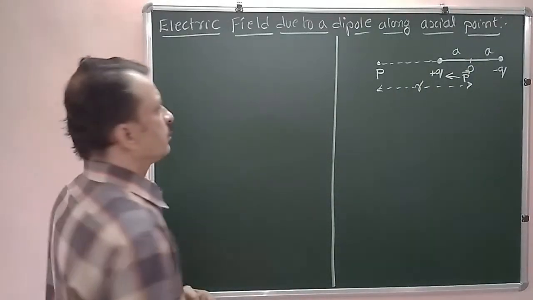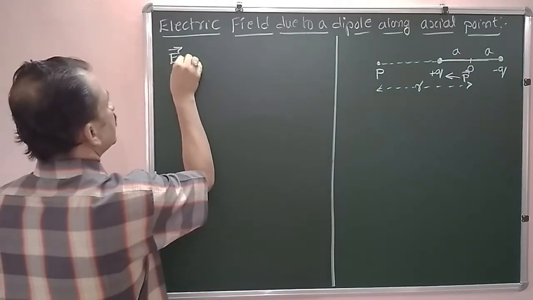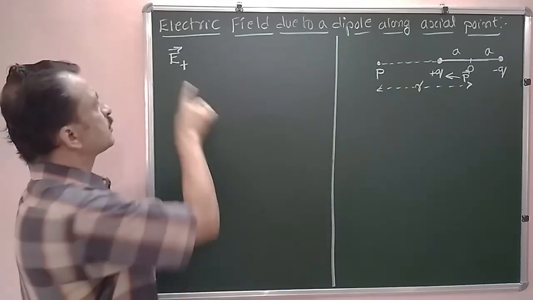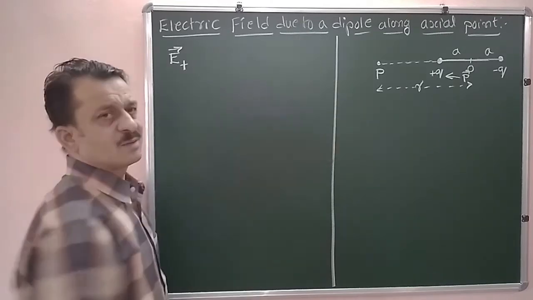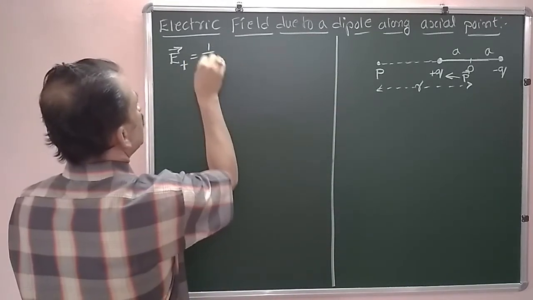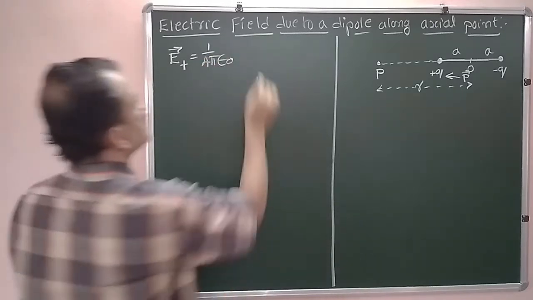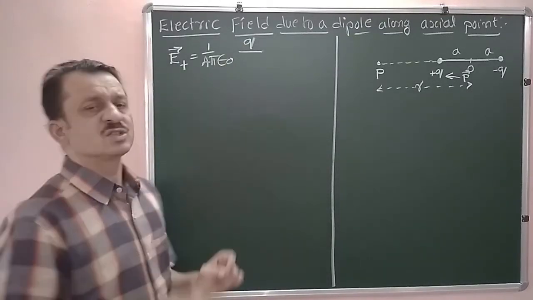So therefore the electric field due to the positive charge, let me write it as E plus. E plus represents the electric field at the point P due to the positive charge. Now we know the formula, 1 divided by 4 pi epsilon naught, charge Q divided by distance square.